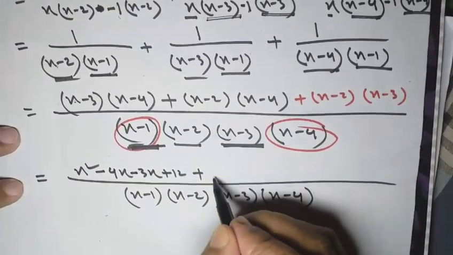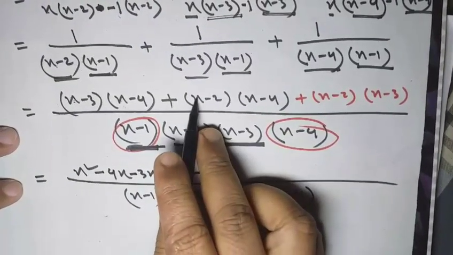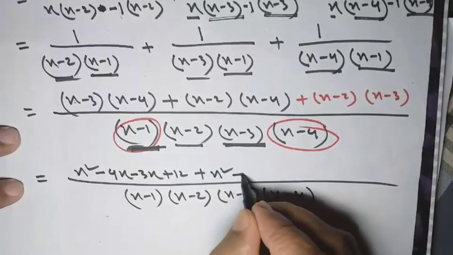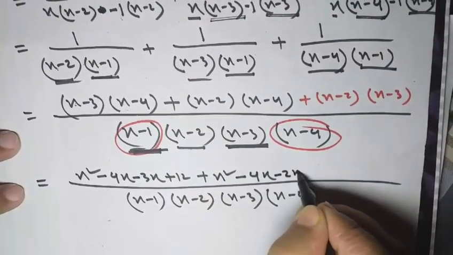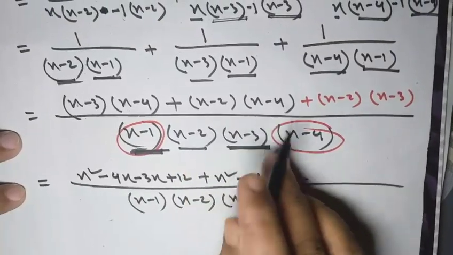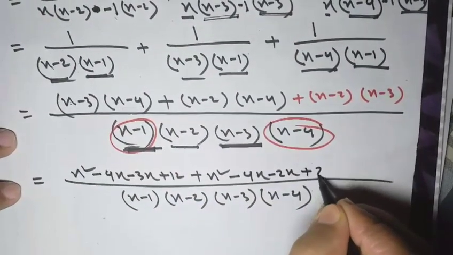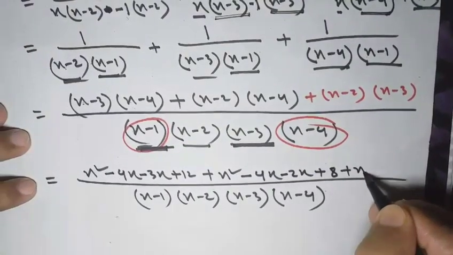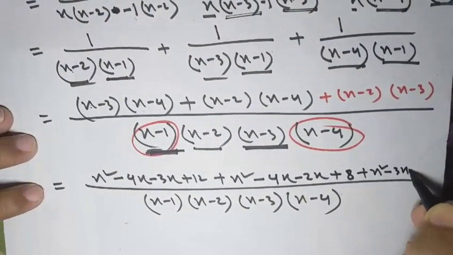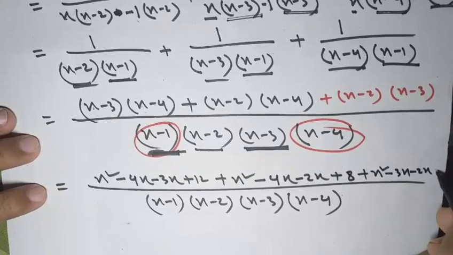Plus x square, then x and minus 4 gives minus 4x, minus 2 and x gives minus 2x, and minus 2 and minus 4 gives plus 8. Similarly, x square minus 3x minus 2x plus 6.